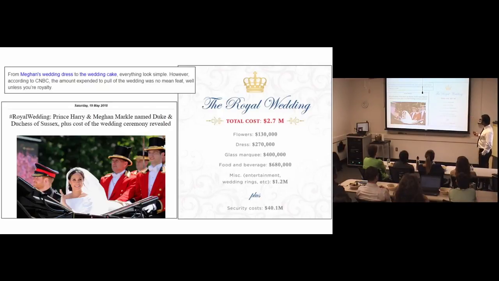And this says the royal wedding total cost in red is 2.7 million, which is good for a royal wedding, isn't it? But if you see down here, it says plus security cost 40 million. Which means you must not always look at the red figure. There is always an addition going on underneath. So basically the total is 42.7 to be exact.